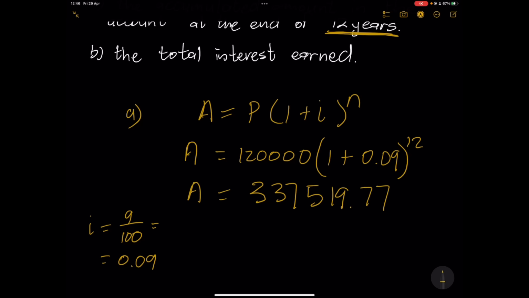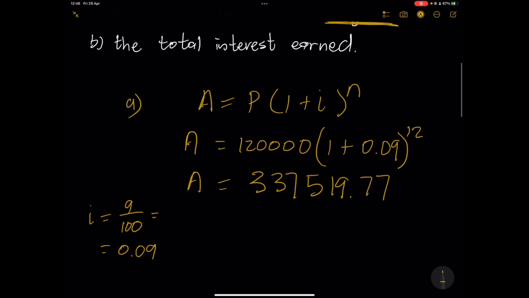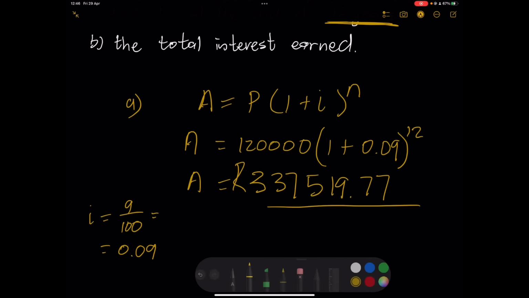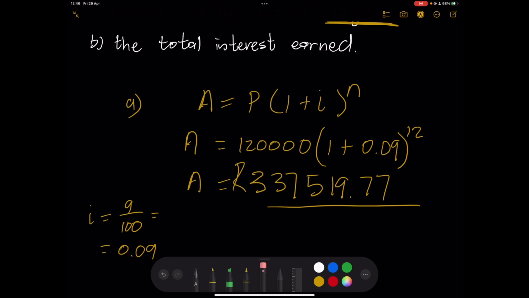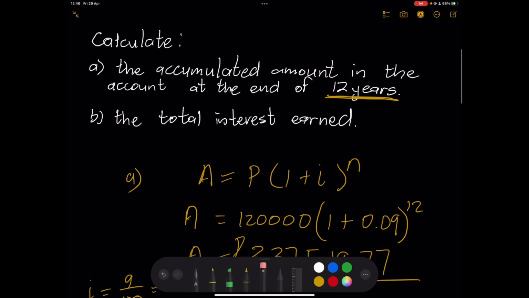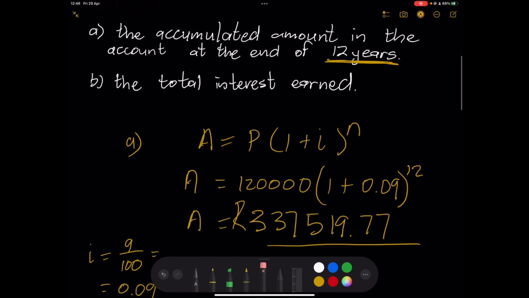If you remember from our previous video, when we used simple interest with the very same amount at the same interest rate, I think it accumulated to about 249,600. So you can actually see that with compound interest, you get a much better return than you would with simple interest. That is obviously why most banking institutions would prefer to use compound interest instead of simple interest, right?